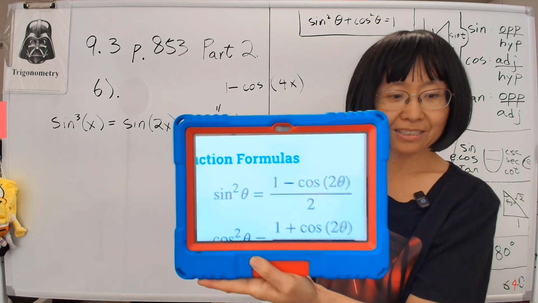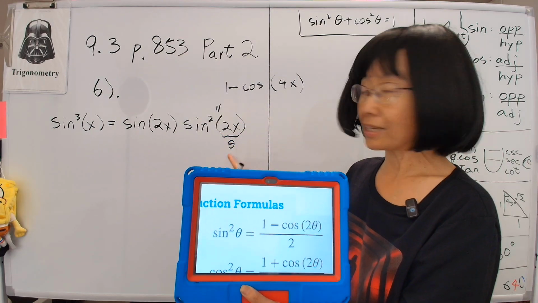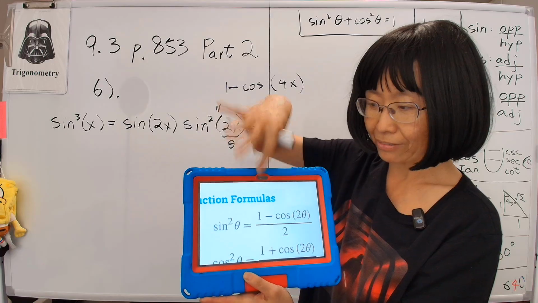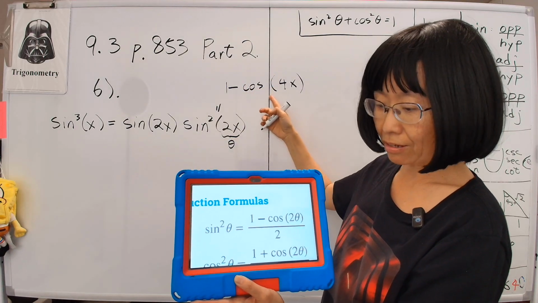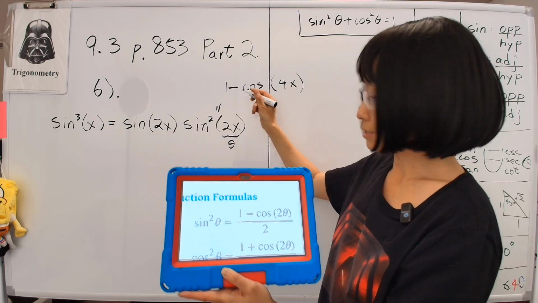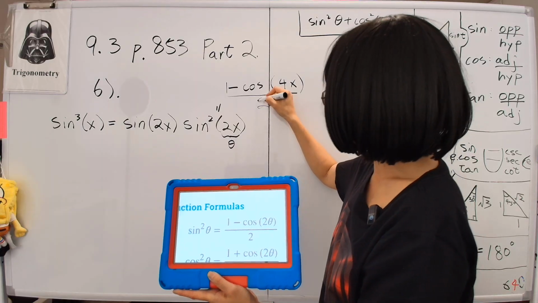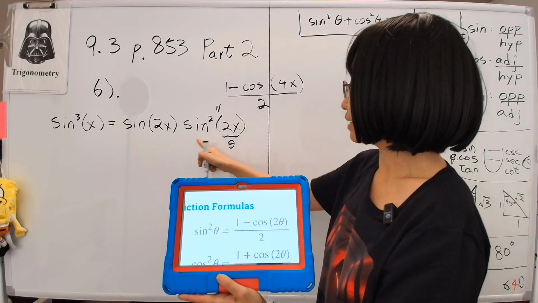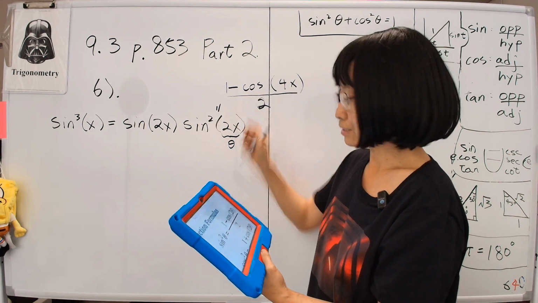So then, with theta being 2x, sine squared theta will be 1 minus cosine of 2 theta, that's 4x, divided by 2. That is just this part right here. I'm following the formula, so this thing can be replaced with that thing.